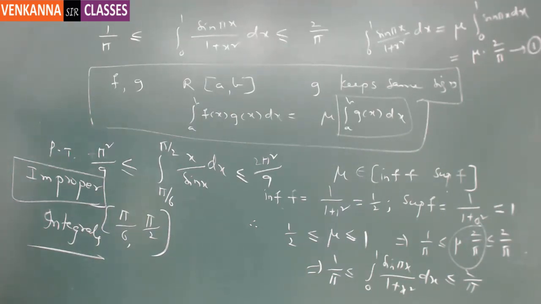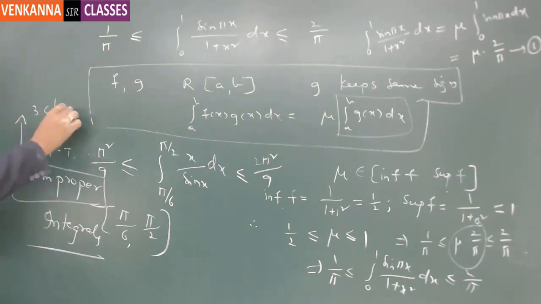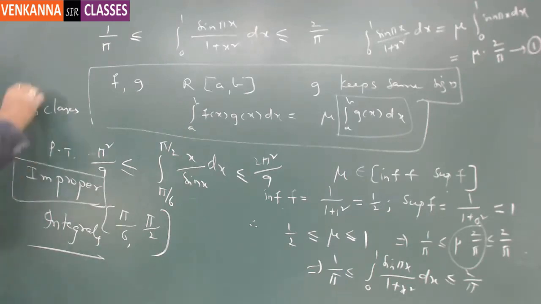In real analysis, for improper integrals, if you are good enough to follow, 3 classes are there, and for uniform convergence, I want to take 2 classes. So in the next week, the entire concept of real analysis will be finished. That's it.